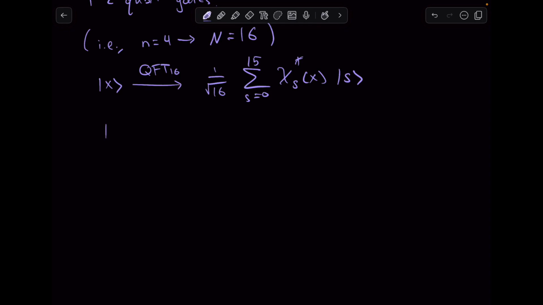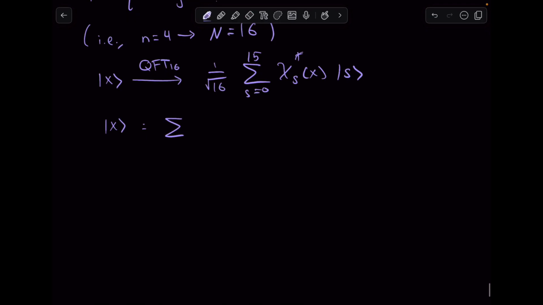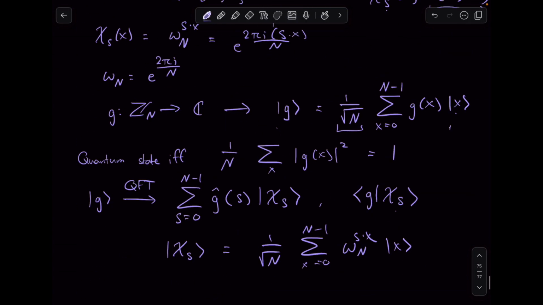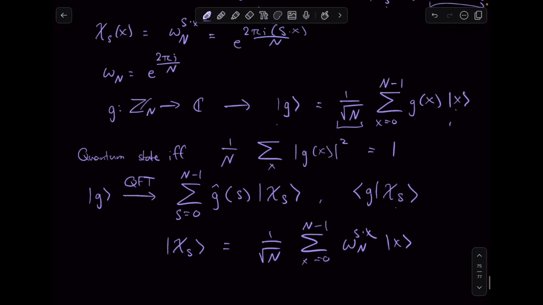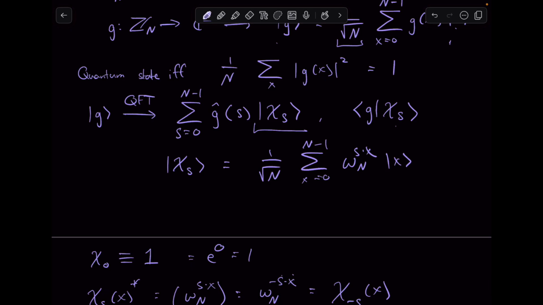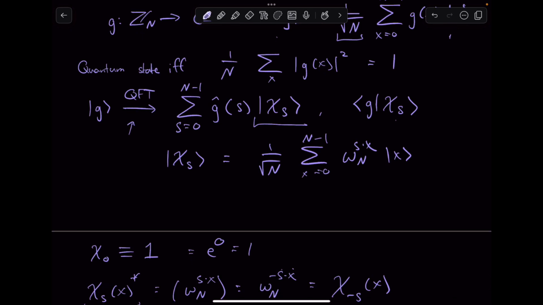I guess the idea is some basis state x already has some representation in the chi basis, and our goal is not to take it to the chi basis, but take it back to the standard basis, which is why we have these standard basis vectors up here and up here. When I first defined the transformation, I wrote it this way with the chi basis here. So I guess this is probably the inverse Fourier transform.